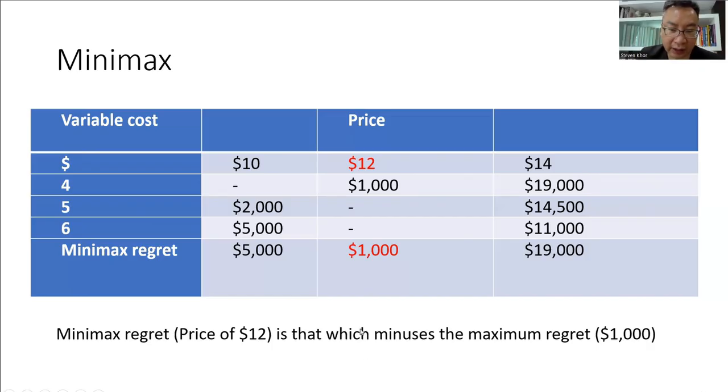For these three pricing, it is 1,000 only. So if you choose 14, then most likely you will have the maximum regret there. We do not want to feel guilty, so the opportunity cost of 19,000 is what we try to minimize here. Okay. Hope that you understand these three different rules. Okay, you have three rules there.